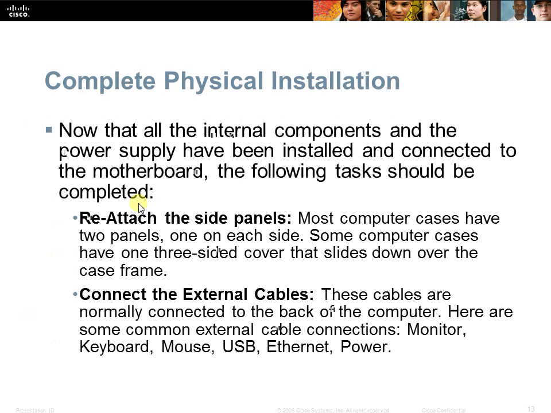And then once you've installed all the internal components, you want to reattach the side panels and then connect your external cables. Those would be the cables that connect your keyboard and your mouse and any USB devices or Ethernet. And then the last thing you want to connect is your power. Again, remember, your power should always be disconnected when you're working on your computer.